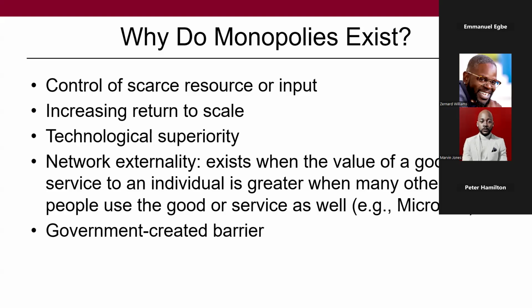Now, we'll talk about increasing returns to scale. I would like to modify exactly what this means in the sense that increasing returns to scale is such that the larger the quantity you produce, the lower the average cost of production. And how this affects or leads to monopoly is simply that for certain products, in order to produce them, given the size of the market, you need to produce in large quantities, or the technology to produce them is such that you need to invest substantial amounts of money, and that creates a barrier to entry for any other firm.